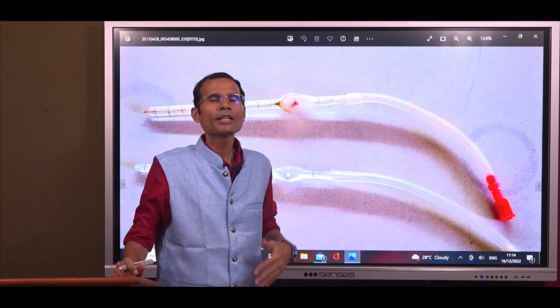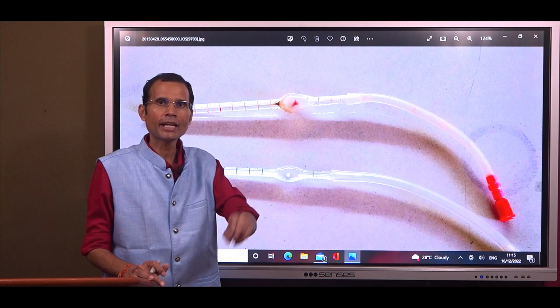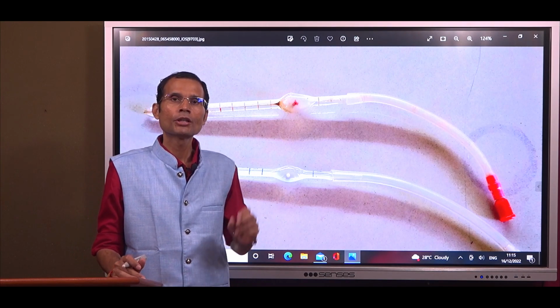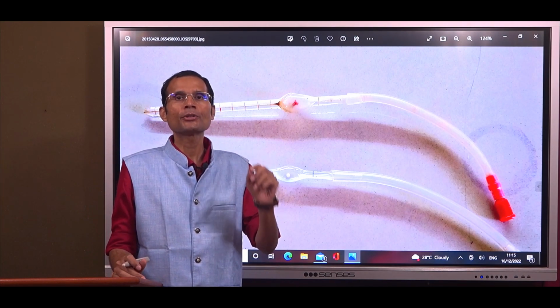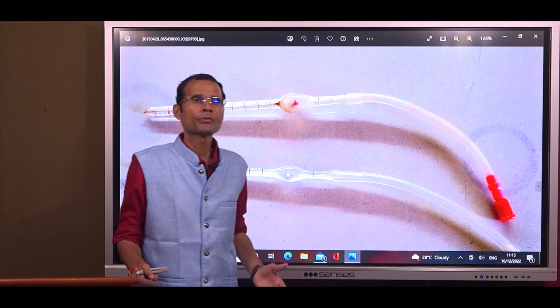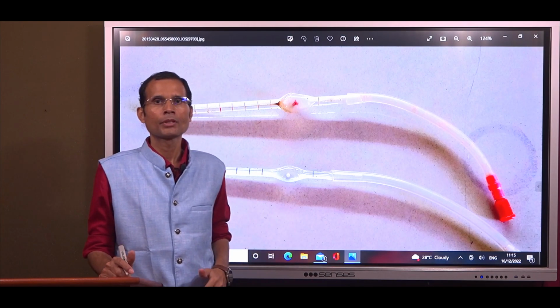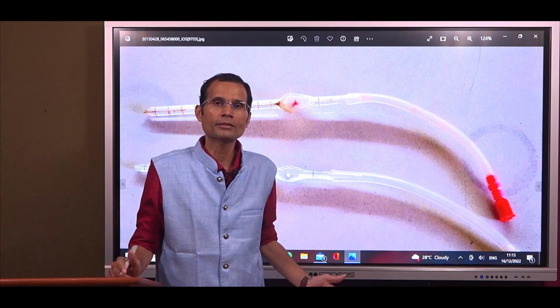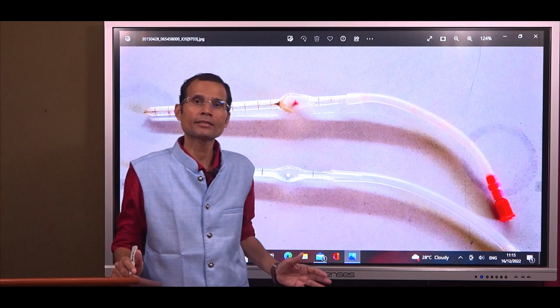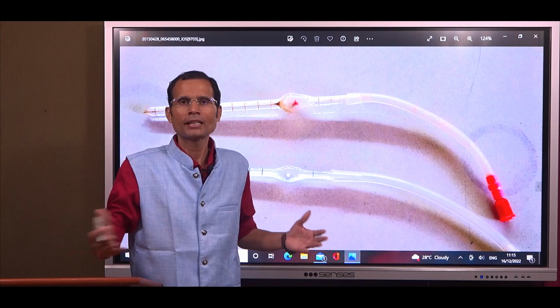Yes, we need to use the RBC pipette in the case of WBC count in the condition of leukemia. In leukemia, the WBC count is very, very high. It can go almost in millions, maybe not in millions, but a few lakhs, 500,000 or something like that.